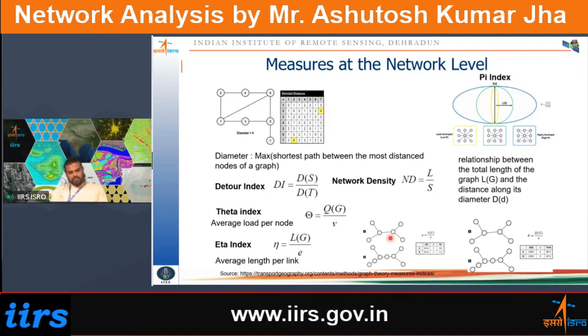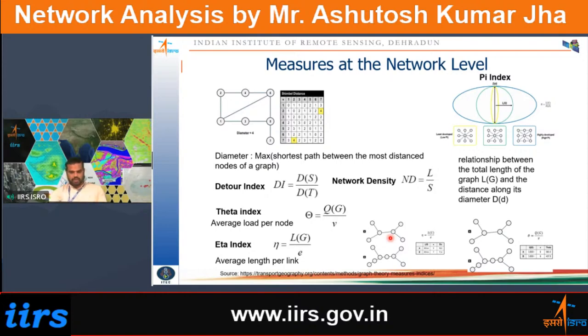Then there's another very interesting metric called the pi index. The pi index can be thought of as a metric for finding the vulnerability in your network.